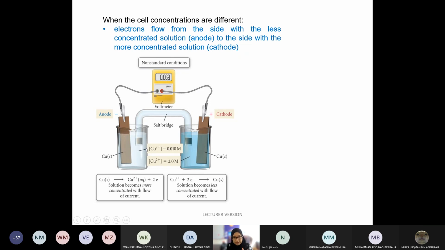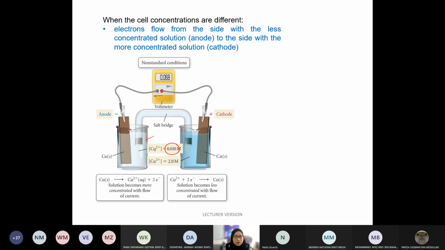As usual, when a difference in concentration exists, a difference in potential exists. So the copper from the electrode senses that here is less positive, because the concentration is 0.01 molar.